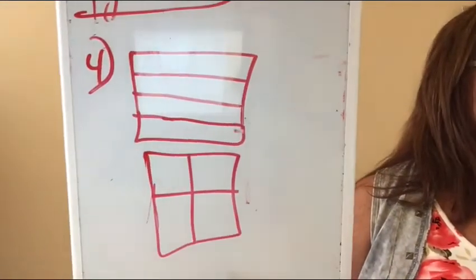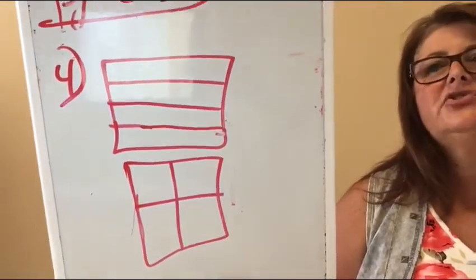Number 4, 4 equal shares. Now they broke it up into 4 equal shares. And they broke it up that way and this way. This is 4 equal shares.